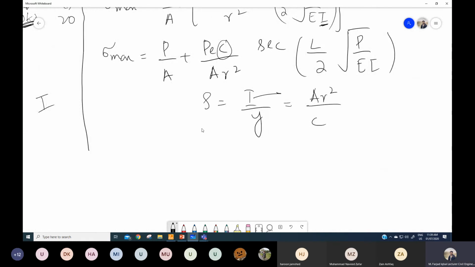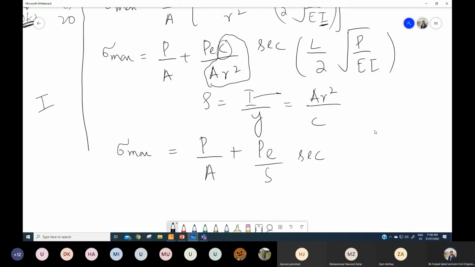So if I substitute this S into this equation, I will get sigma maximum is equal to P over A plus P E, and C over A R square is equal to 1 over S, so it will come over here as S, and we will have secant, L by 2 under root P over EI.